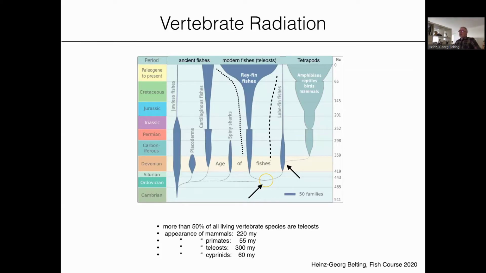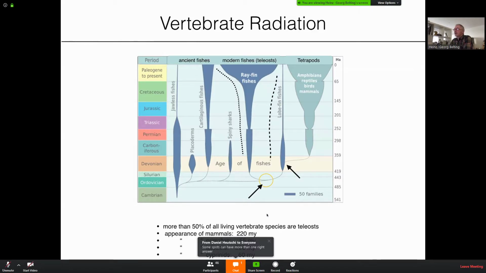Okay, and so the fish was an unusual model until the 90s. The mammals are 220 million years old, and one thing I always get a little bit concerned about is if people talk about fish as being primitive vertebrates, and that mammals are more advanced than fish.